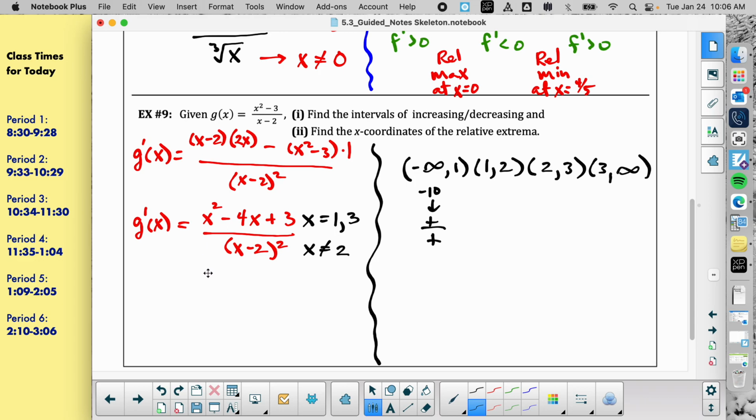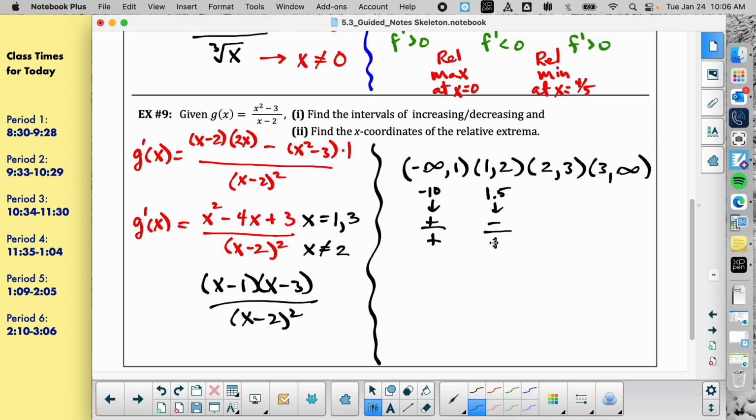I'm going to write it in factored form because that's easier to test numbers. Okay, let's test 1.5. 1.5 minus 1 would be positive. 1.5 minus 3 would be negative, so the top is negative.